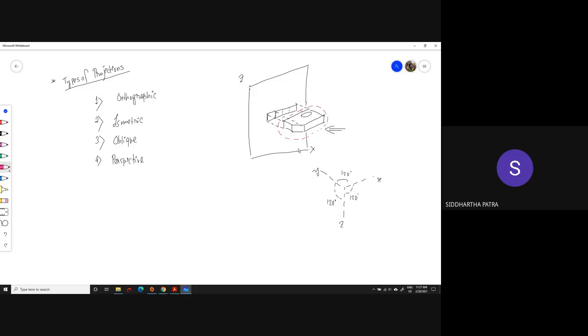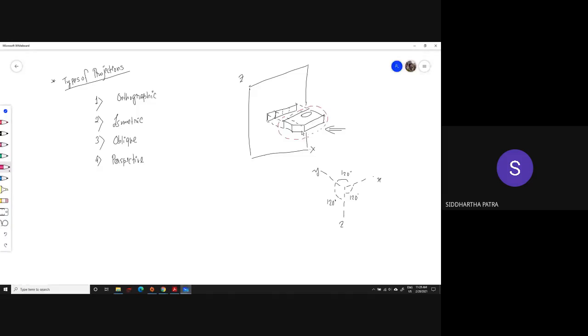so if you look at this projection over here, much like the way I have drawn this object.